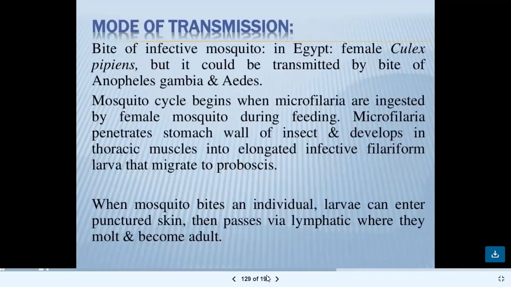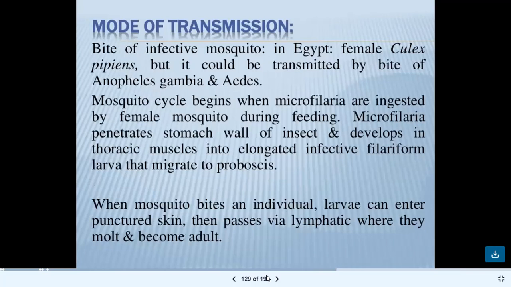About the mode of transmission, in Egypt it is by the female Culex pipiens, but it could also be transmitted by the bite of Anopheles gambiae and Aedes. The mosquito cycle begins when microfilariae are ingested by the female mosquito during feeding.